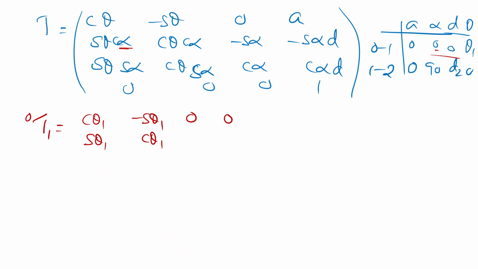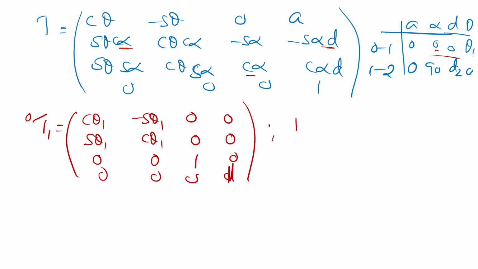Then minus S alpha, alpha is 0, sine 0 is 0, and D is also 0. For the next term, sine alpha is 0, so the entries are 0. Cos alpha is 1, D is 0. So this is 1.